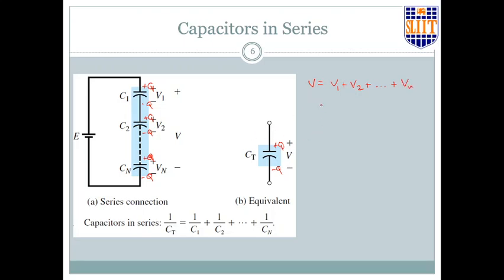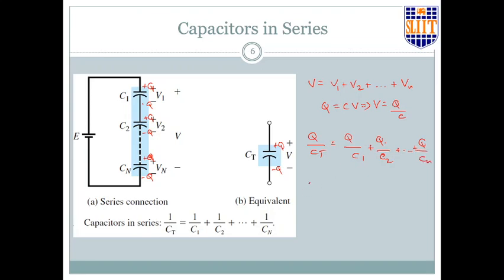Now Q is equal to CV, right? So V is equal to Q over C. Here we will have Q over CT, and for these capacitors it is Q over C1 plus Q over C2 plus up to Q over Cn.